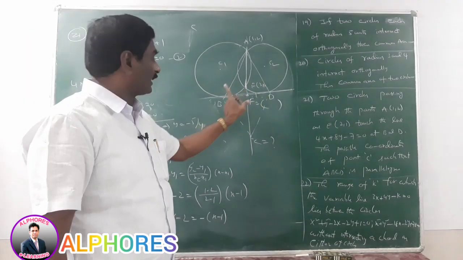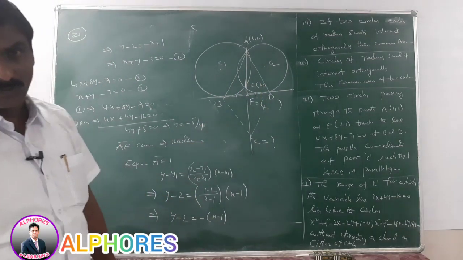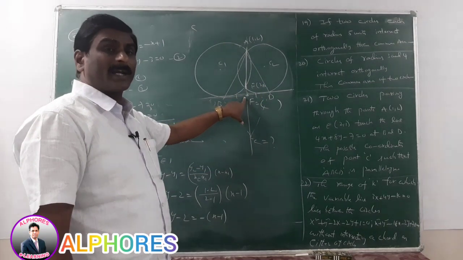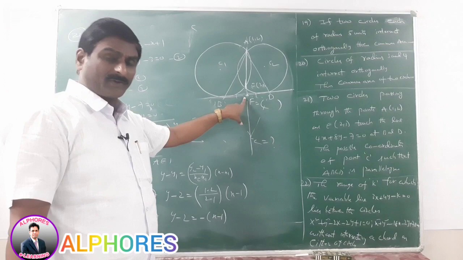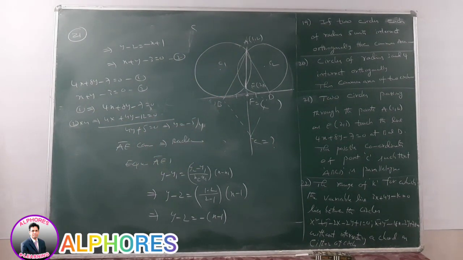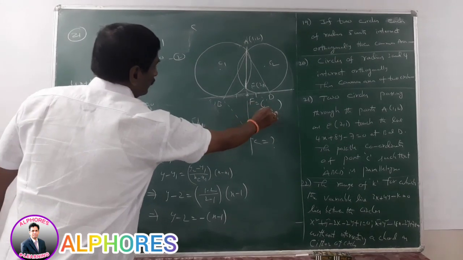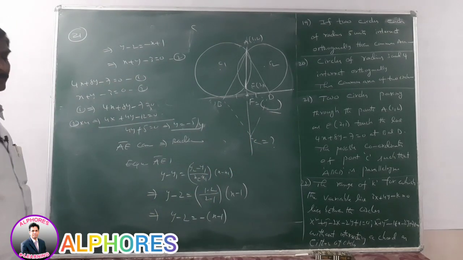The direct common tangent is nothing but one of the diagonals of the parallelogram. That means it must be the midpoint of the parallelogram, or the point of intersection of the diagonals of a parallelogram. By using that property, we find the vertex C. Next, by substituting the value of y in this equation, we get x. Find the value of F. Therefore, C is equal to 2F minus A.